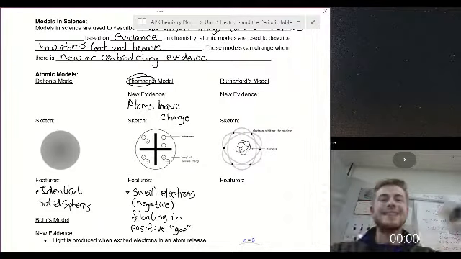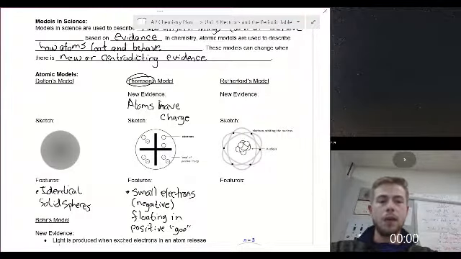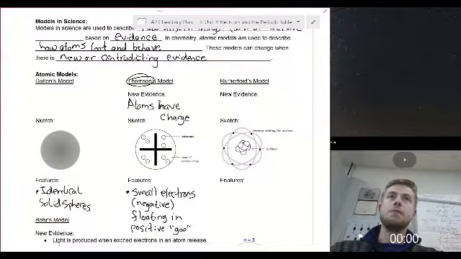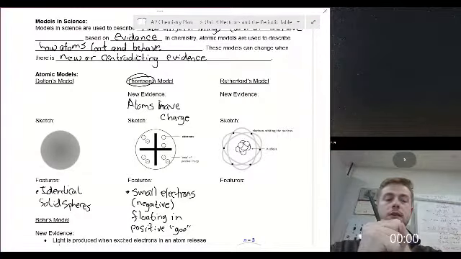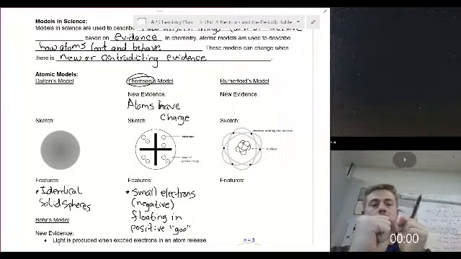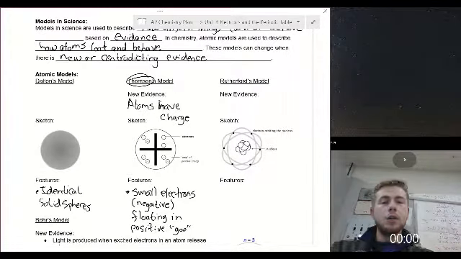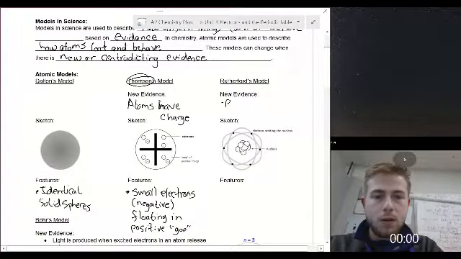What happened instead is a lot of the positive particles went right through that gold foil, that solid sheet of gold foil. And he was like, huh, well, that's weird. Only a few of them bounced off. So he said, the positive charge in the atom must be confined to a very small space. That's why the positive charges will miss most of the time, but only occasionally bounce off.